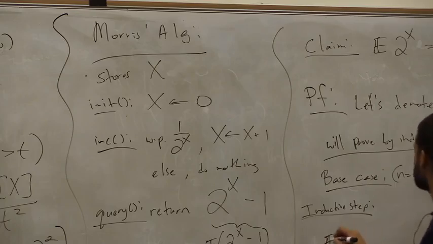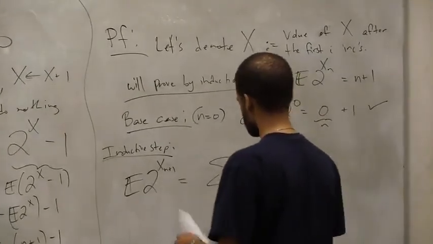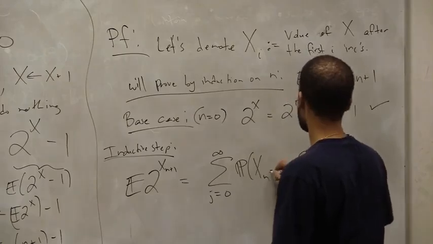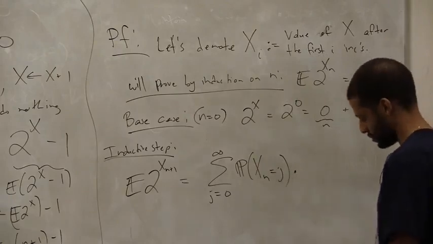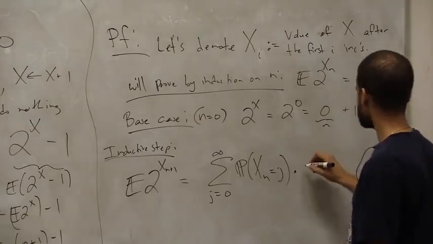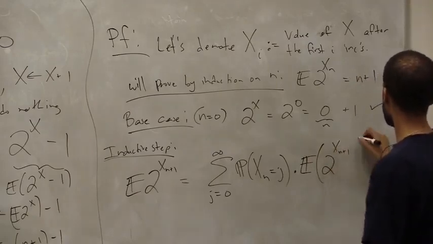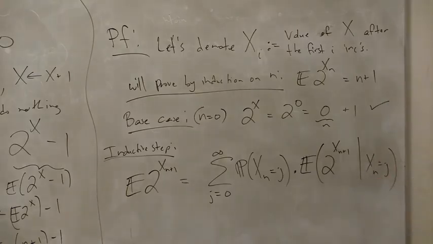Notice that the expectation of 2 to the x n plus 1 is equal to the sum over j goes from 0 to infinity of the probability that xn is equal to j times the expectation of 2 to the xn plus 1, given that xn is equal to j. Okay?